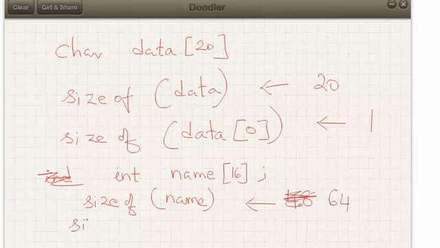And the size of name[0] will return 4. So you know how to use sizeof with arrays, right? Okay.